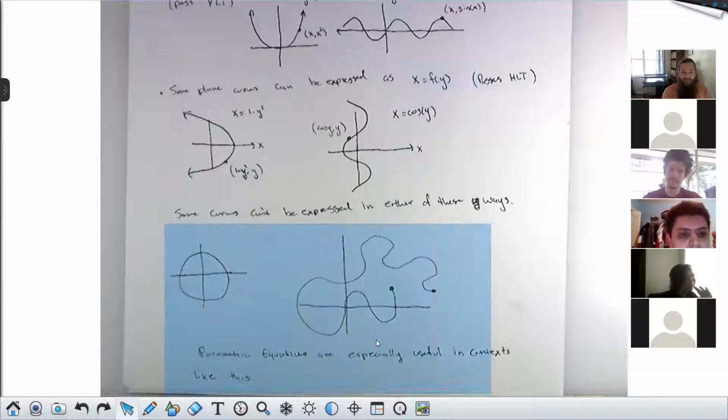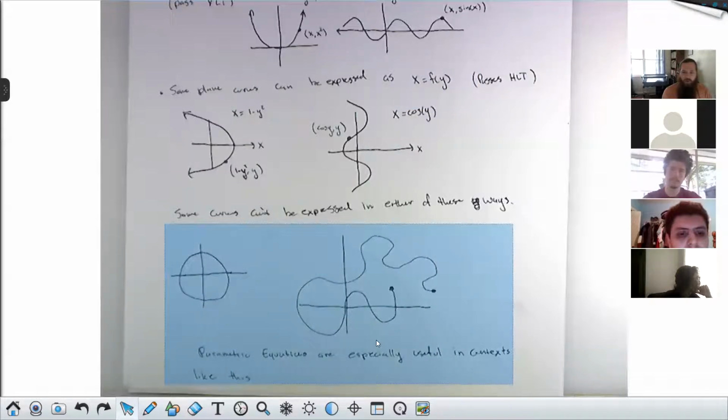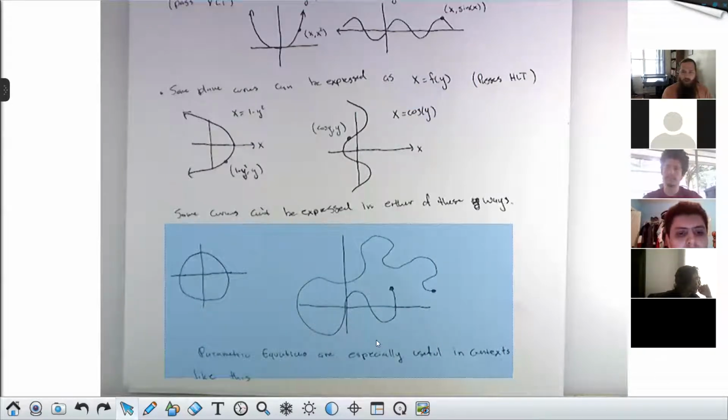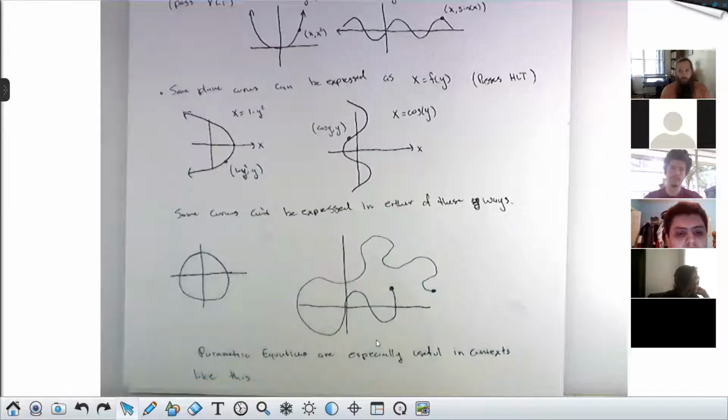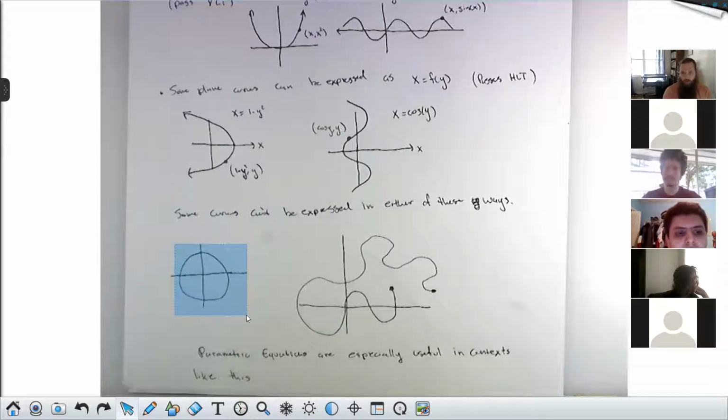If you pass neither, then there is no way to write x equals blah, blah, blah involving y, or y equals blah, blah, blah involving x. You either need an implicit expression like this, x squared plus y squared equals 1, or something else. And the something else that works for this works for everything else on the page, and those things are called parametric equations.